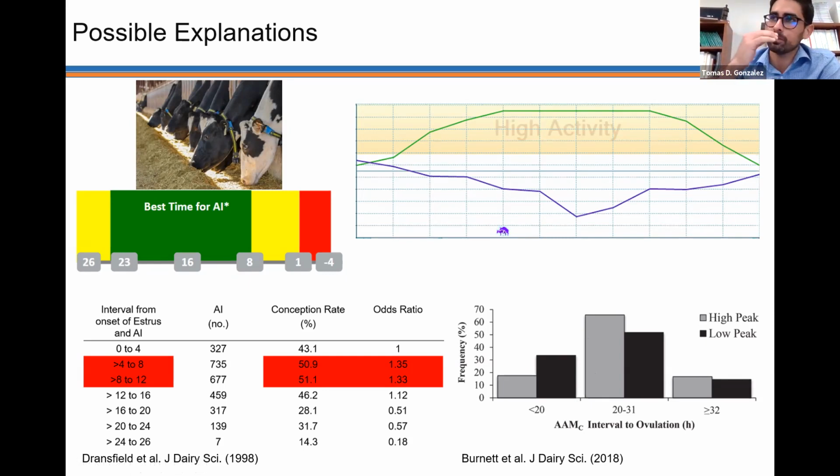The peak she used was 80, 10 more points than us, but the classification is useful for us. So when she started heat, she saw this was the time the cows have ovulation. So this could possibly explain why we bred the primiparous cows late.